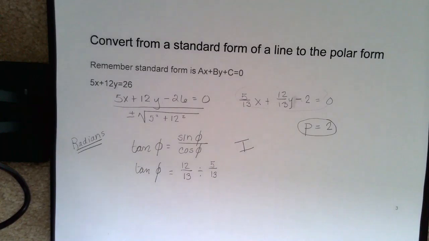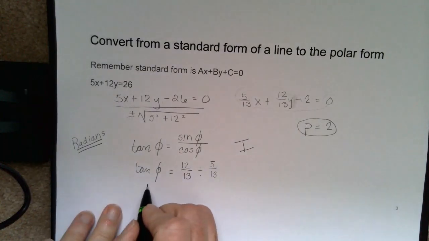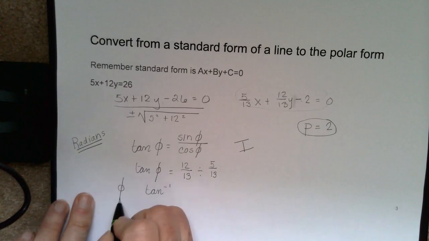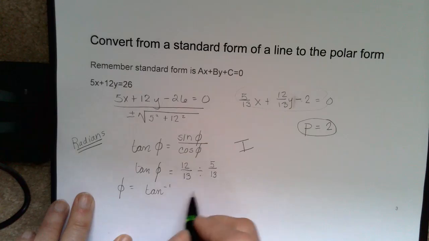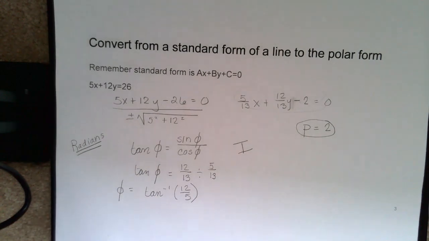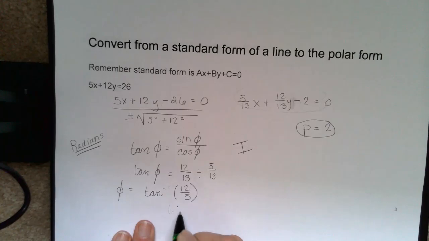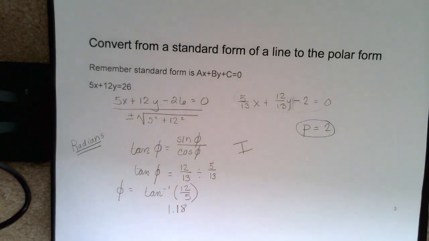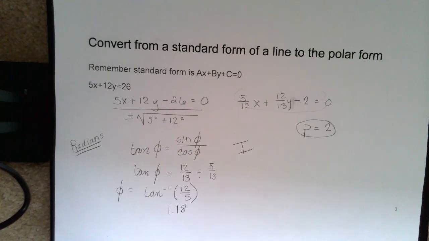I'm going to take my calculator and go inverse tangent. So phi is going to equal inverse tangent of 12 divided by 5. Remember, it's in radians, and I get 1.18. Now 1.18 is in your first quadrant, because at 90 degrees it's going to be pi over 2, or 3.14 over 2.